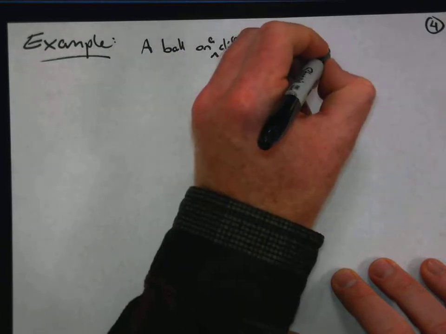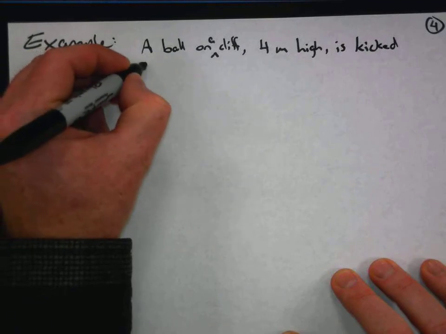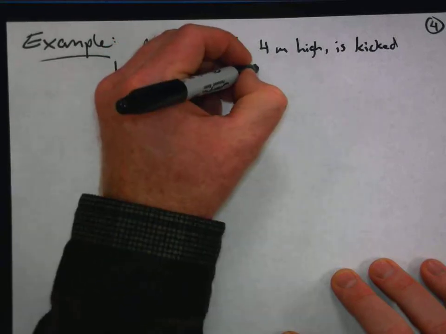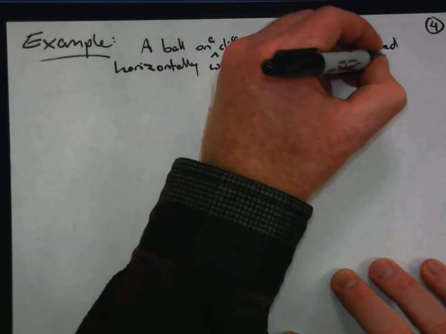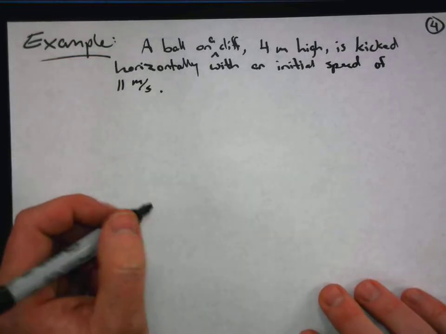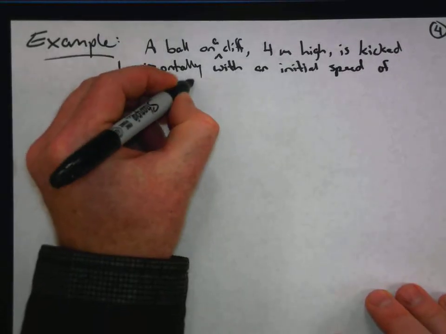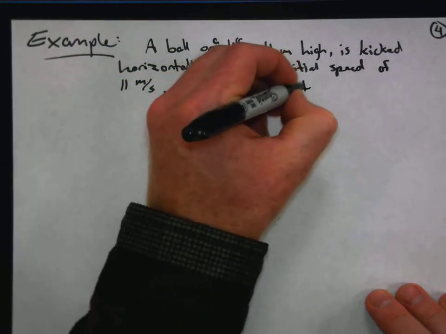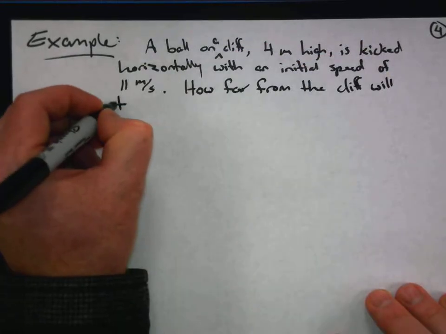The ball on the cliff, 4 meters high, is kicked horizontally with an initial speed of, let's give it 11 meters per second. So the question that we're going to answer this time around is, how far from the base of the cliff will the ball land?